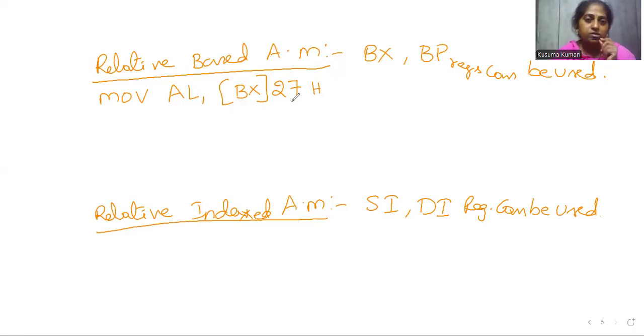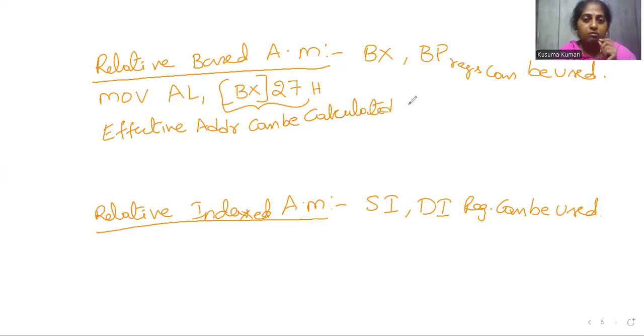Now the effective address can be calculated as BX register contents plus 27.